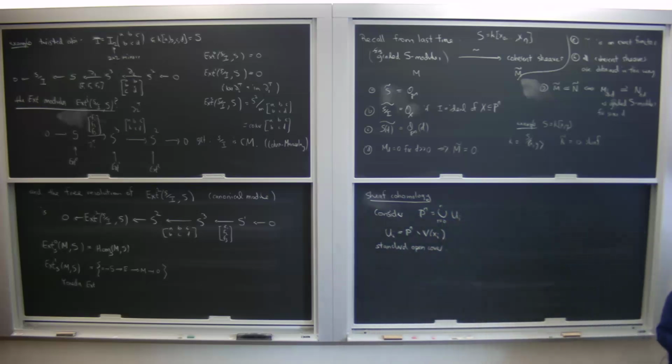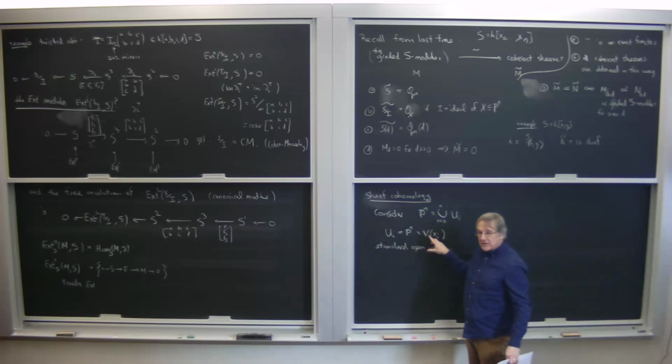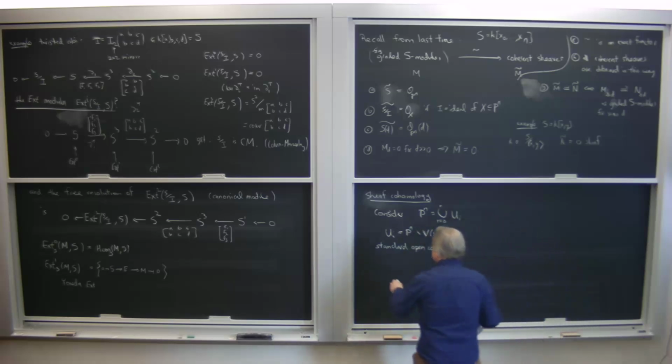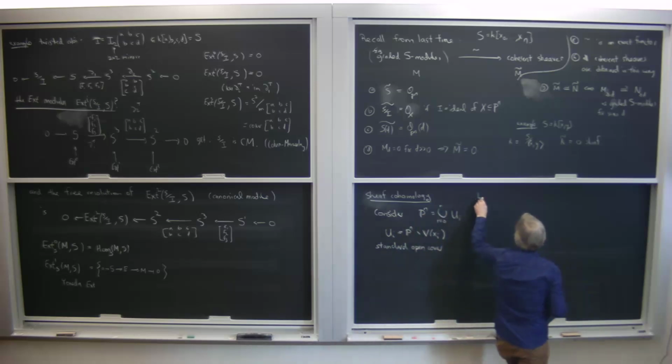Now I want to consider something that's like a Čech complex, but just algebraically, so I don't have to worry about what a sheaf is. But if you know what a sheaf is, you should be able to see that what I'm going to write down is pretty much the same thing.